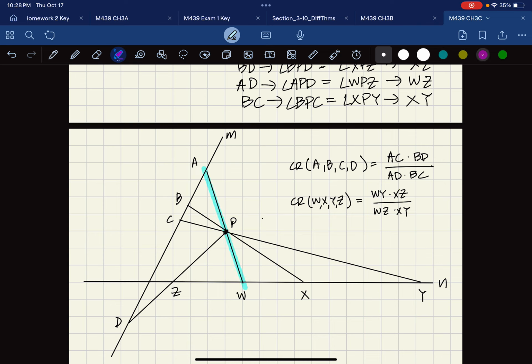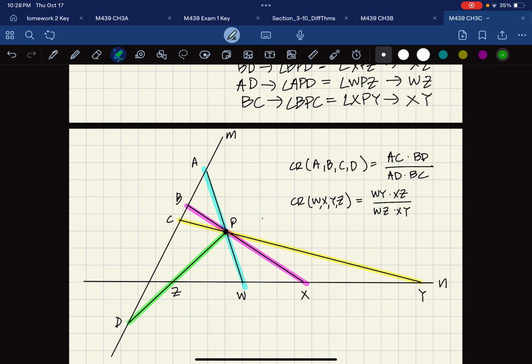And if X is in perspective with B, then this line, and if Y is in perspective with C, then Y has to be on the line PC. And the last one, if Z is in perspective with D, then Z has to be on the line PD. So these are the four lines that connect the two sets of 4 points that are in perspective.